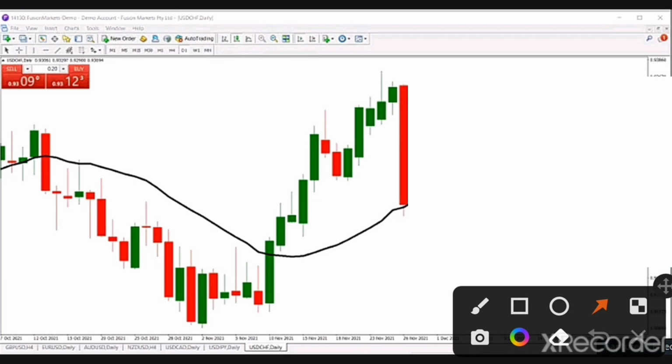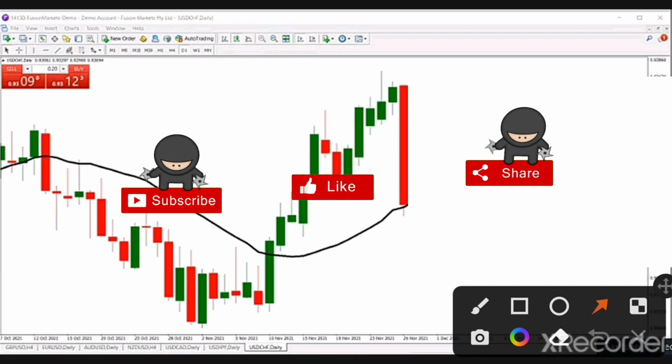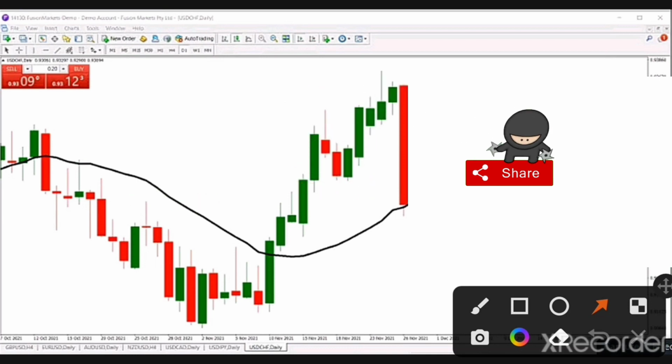Now, in this situation, mixed emotions happen to the trader. Either he will close the trade or he will let the trade continue. But if the trader is clever, he will close the trade on the area where it breaks the retracement. The retracement is this area. He will not wait until his stop loss has been hit.